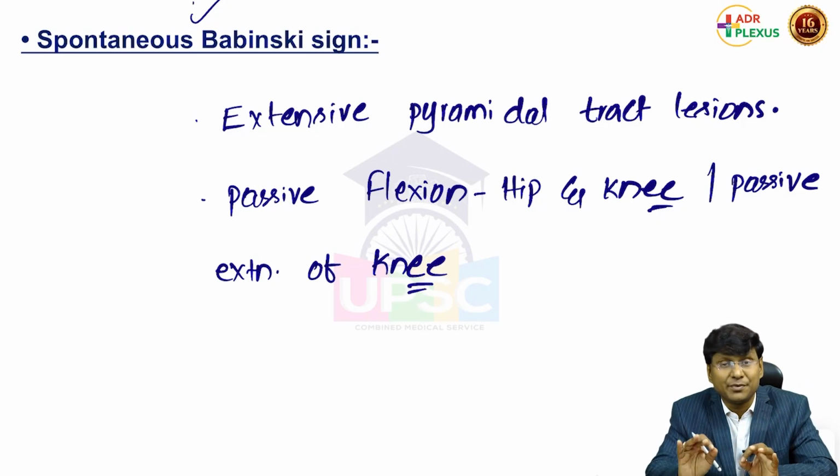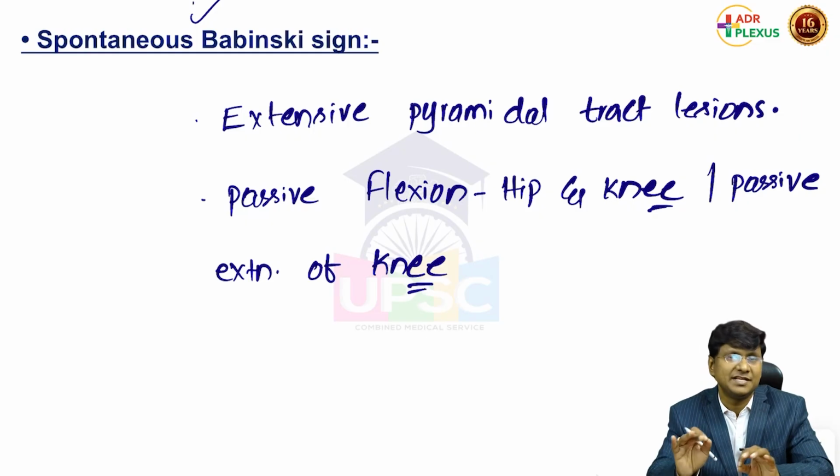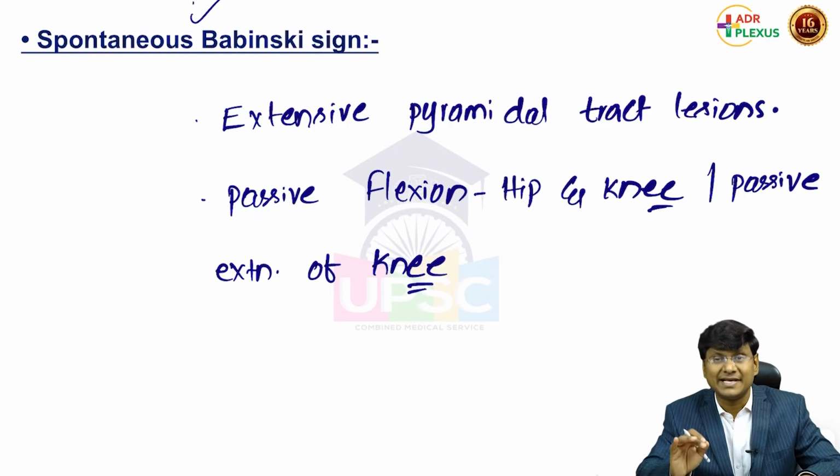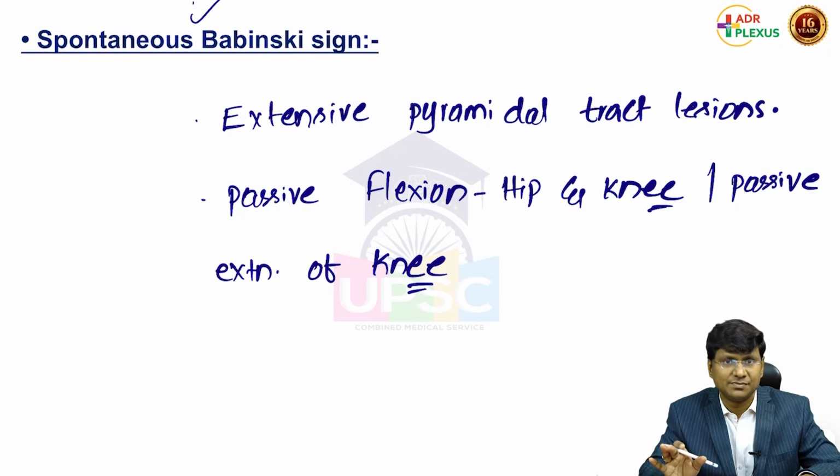Okay, so that may produce a positive Babinski sign in adults. So this is called spontaneous Babinski sign. It is encountered in scenarios like when there is extensive pyramidal tract lesions, right?